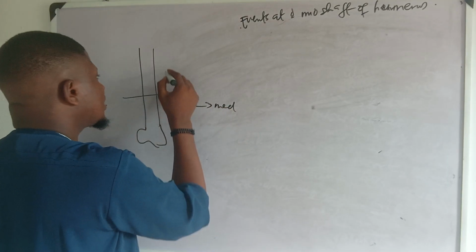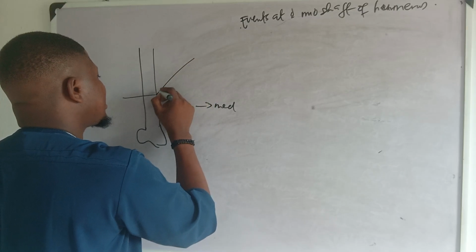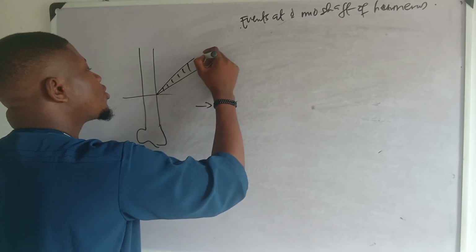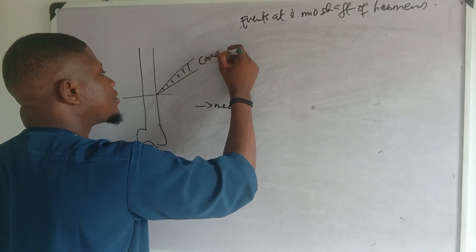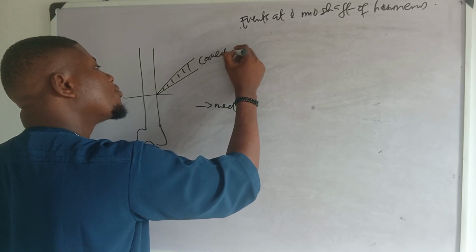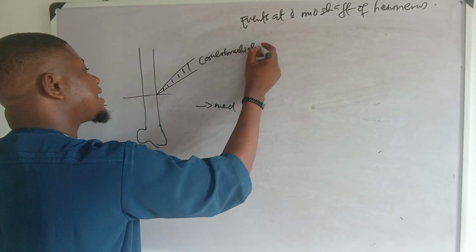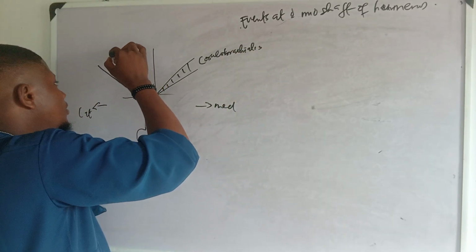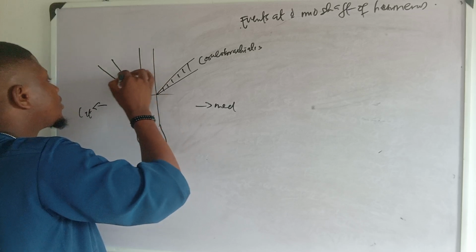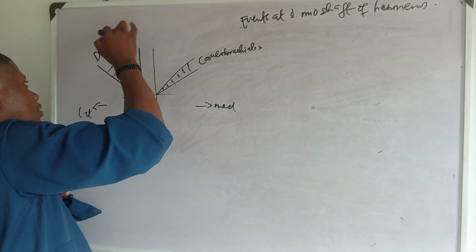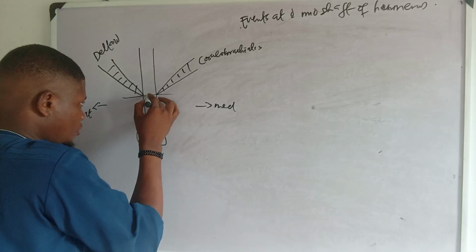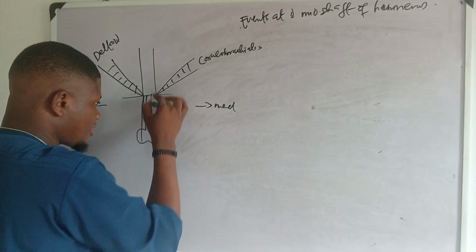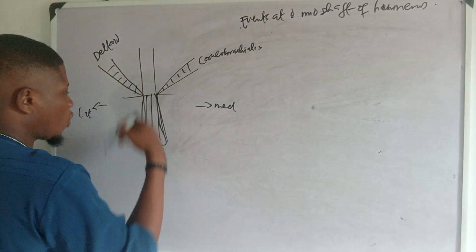Then there's a muscle inserting here. This muscle is coracobrachialis. There is another muscle inserting here still. This is deltoid. There is a muscle originating from the anterior aspect of the lower half.